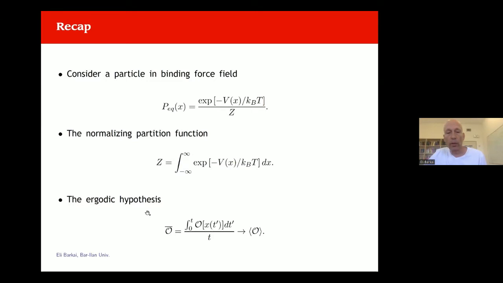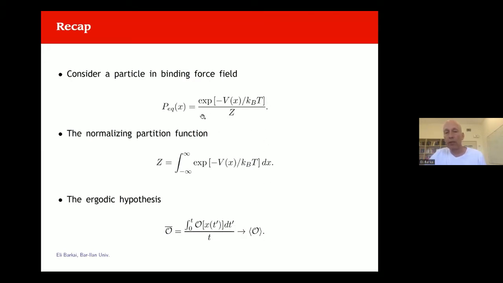What does the ergodic hypothesis say? It says that the time averages, which I'll denote in this talk with this overbar, which is the integral of this observable, and the observable can be many different things, a functional of the stochastic path, if you integrate this over time and take the time to be long, divide by measurement time, this is the same as the ensemble average.